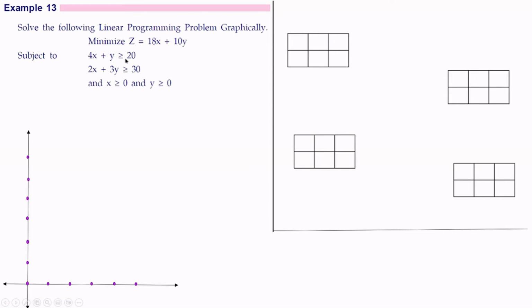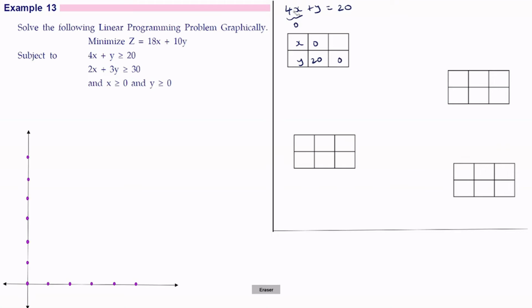Here we have two constraints, 4x plus y greater than or equal to 20 and 2x plus 3y greater than or equal to 30. First let us take the first inequality and find the line corresponding to this equation, 4x plus y equal to 20. When x is 0, this term becomes 0, so y will be equal to 20.